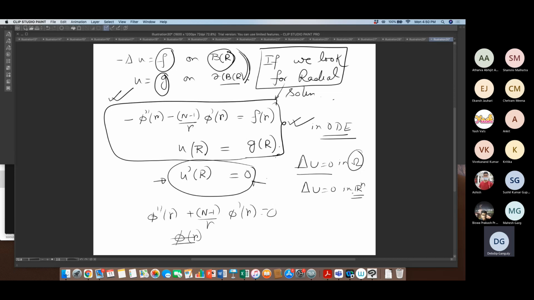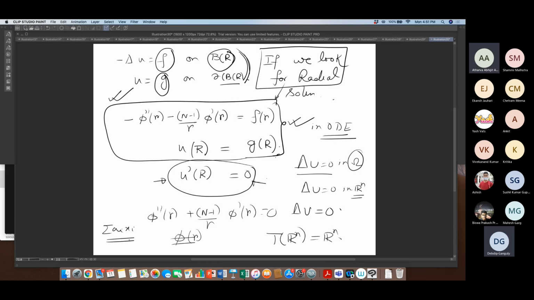If T is an orthogonal, orthonormal matrix, then T of Rn is Rn, right? If there is symmetry, then one can look for solutions of Laplacian u equal to 0. You know that in Rn constants and linear functions, like summation ai xi, are solutions for Laplacian of u equal to 0, but they are not radial, right?